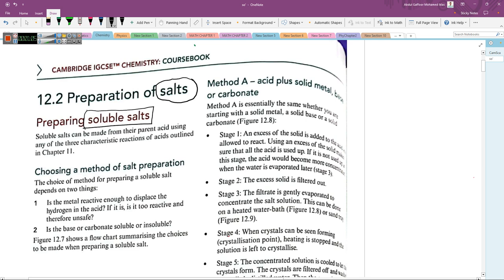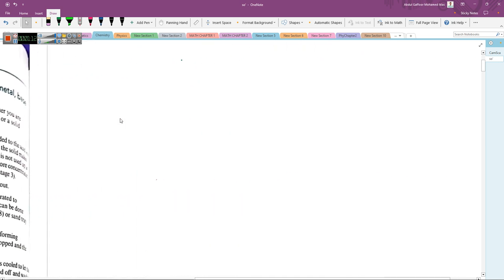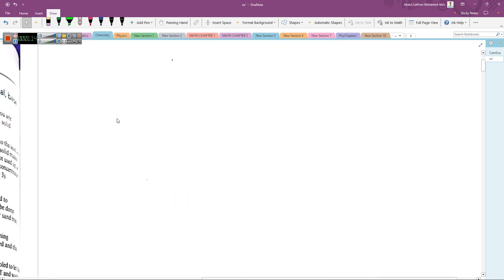What we are going to do here is classify the term salts into two categories. Let me write it over here. So we have two types of salts. The first one is soluble salt, and the other one is insoluble salt. So what are soluble salts?